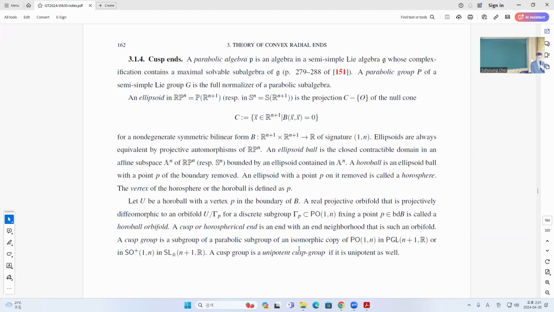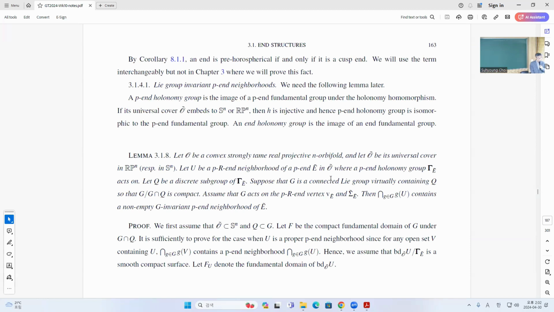The cusp group is a parabolic subgroup, some isomorphic copy in here, and the cusp group is unipotent as well. That means it doesn't have any elliptic element. That's all that it is.